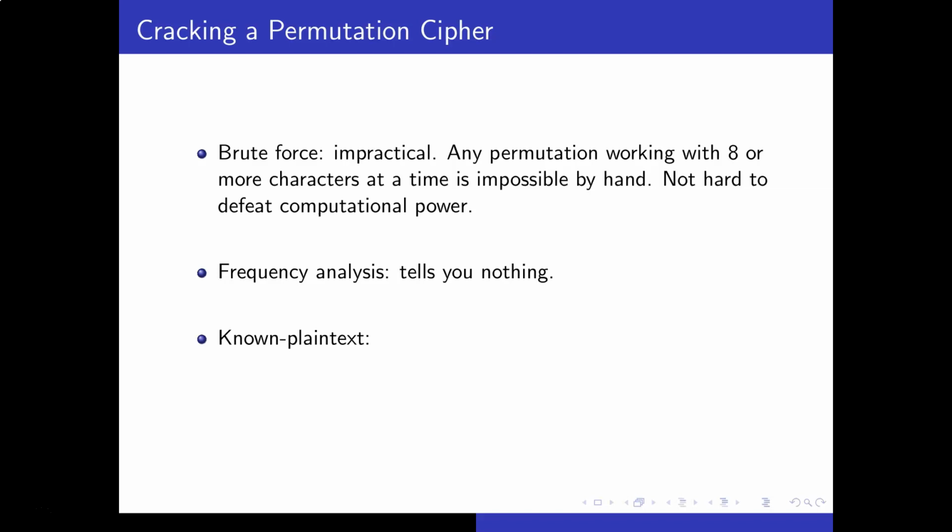All right. Known plaintext. Known plaintext is devastating. It will destroy a permutation cipher very quickly. Now, unlike, say, the affine cipher where we could use frequency analysis to guess known plaintext, we don't have a means of guessing known plaintext so much.